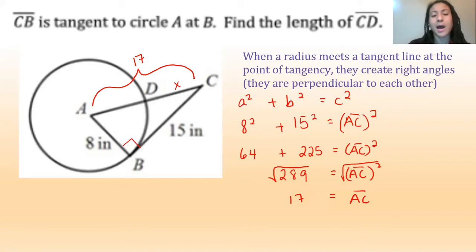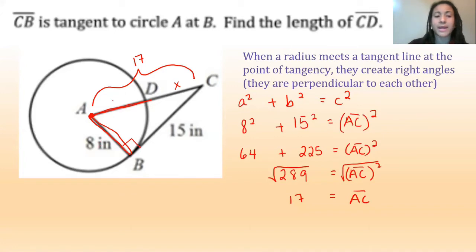Now, how can I figure out what CD is? Remember, A is the center of the circle. Any line that goes from the center to the edge of the circle is called a radius, and all radii from the same circle are equal. So AB is a radius, and that is 8 inches.